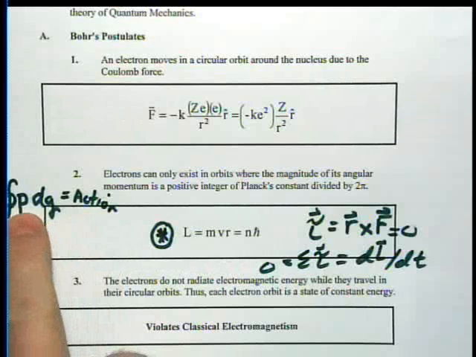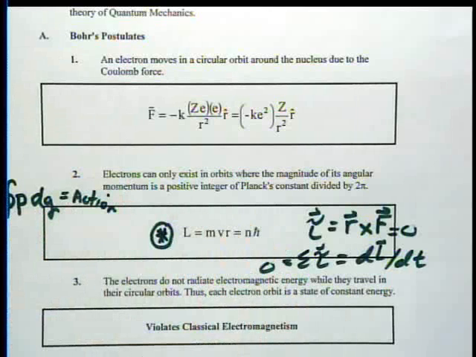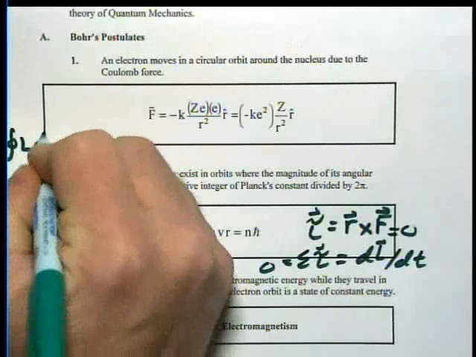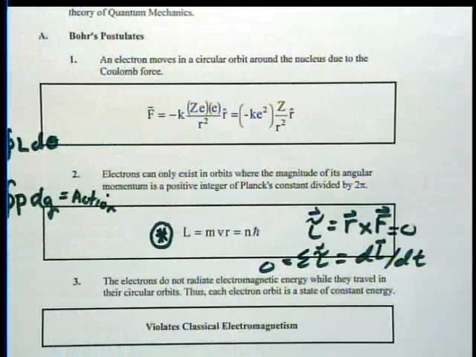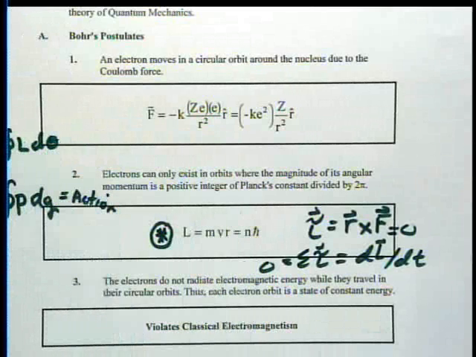Now, I said a momentum and a generalized coordinate. This momentum, if it's an angle, is an angular momentum. If it's a linear distance like x, it's a regular momentum. So you could think about p dx, or if you're doing a circle problem, it's L d theta. So he was looking at the angular momentum times d theta around a path.